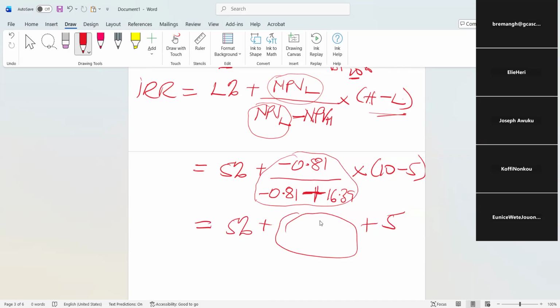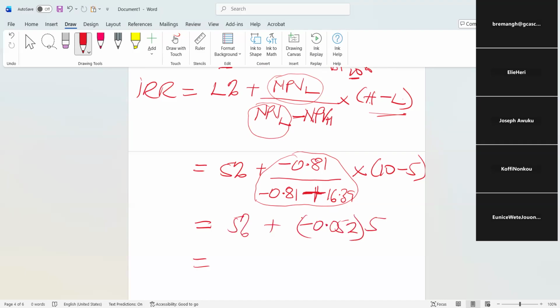What answer will we get? Negative 0.052. Okay, so that is it.